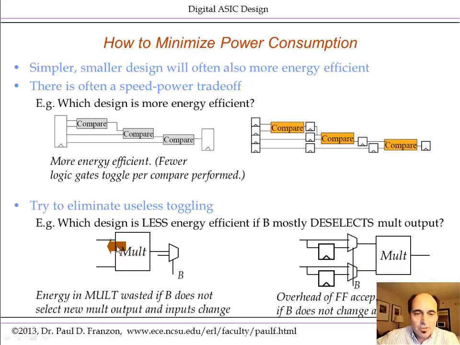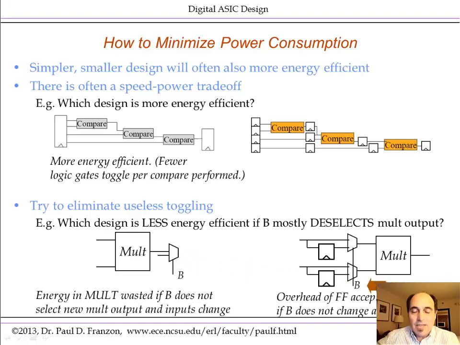On the other hand, in the structure on the left-hand side, whenever the inputs change, even if B is off, all the internal nodes are going to transition because of those changing inputs, consuming a lot of energy. And if B is off, we actually didn't want that computation. We're not using it. So the energy in the multiplier is wasted if B is not selecting the multiplier.